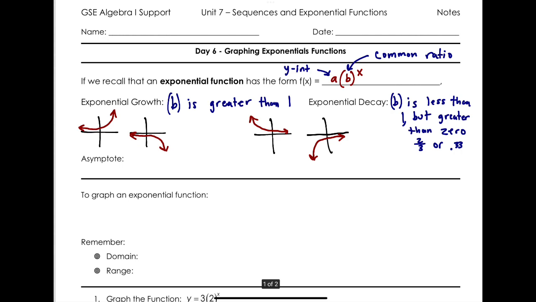So let's separate this just a bit. This is growth, and this is decay, these two graphs.